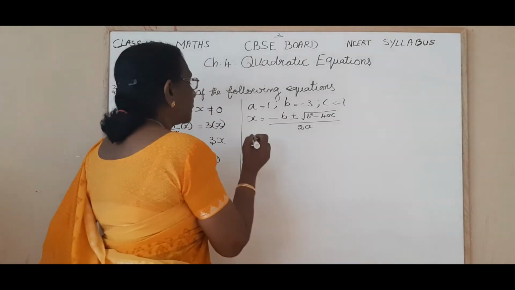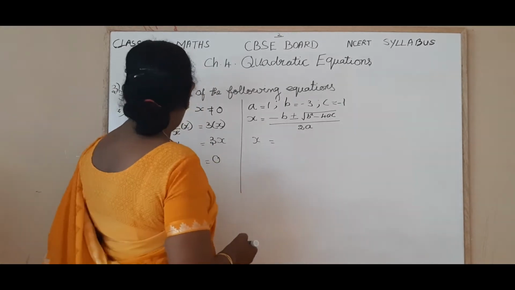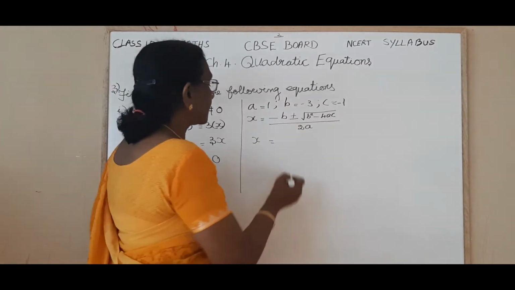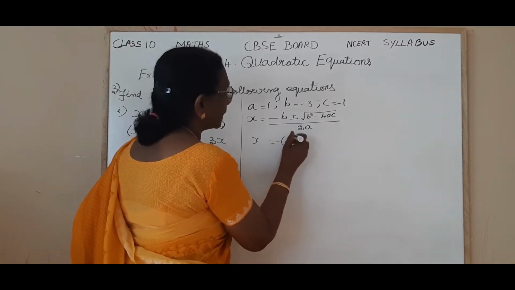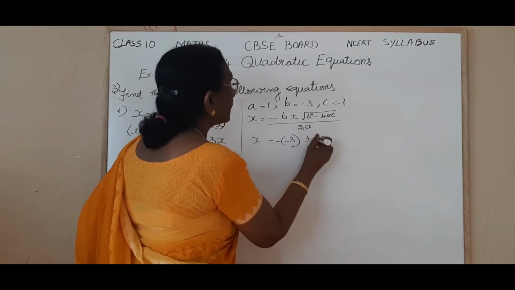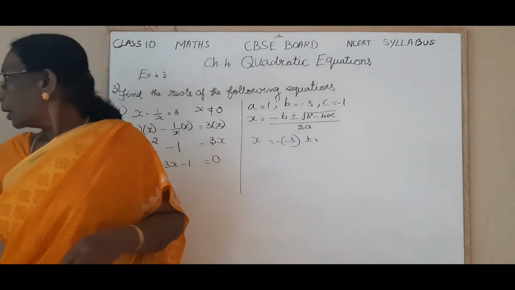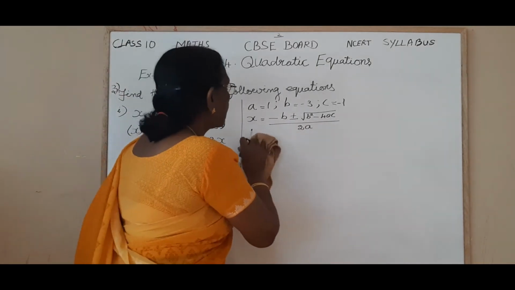Now x is equal to, substitute the values. What is the value of b? B is equal to minus 3. So minus of minus 3 plus or minus, and as I told you, you can find the b squared minus 4ac separately.